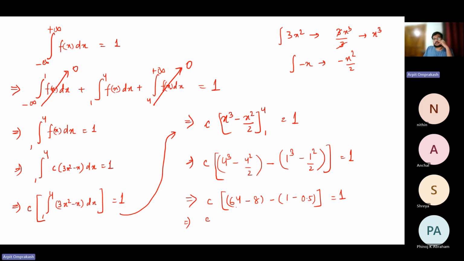Sixty-four minus 8 is 76, minus 1 is 70. Yes, 64 minus 8 is 76, minus 1 is 75, 74.5.